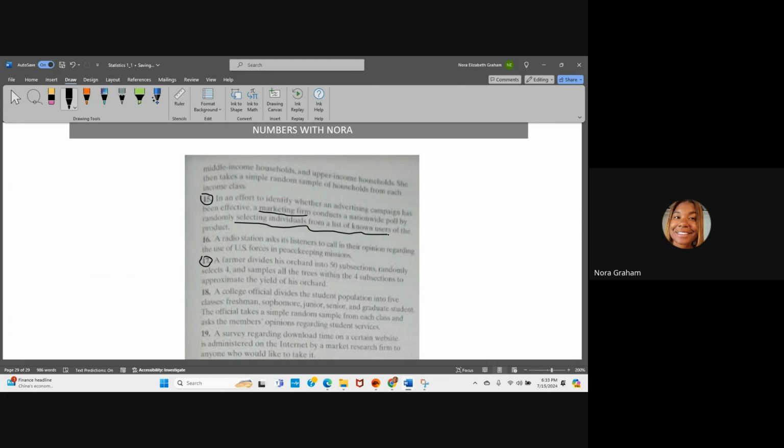I believe this one is going to be just normal, simple random selection. Okay. If not, I would have said it was going to be convenience. But this one's going to be simple.